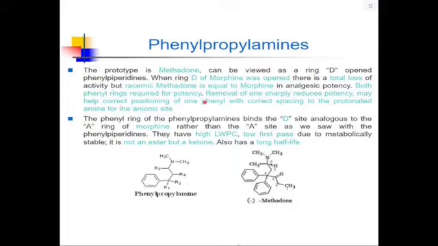And you can see it has equal activity as morphine in analgesic potency. But phenyl rings are required for potency. Removal of one sharply reduces potency and may affect correct positioning of one phenyl ring, correct spacing. All we are saying is that, for maximum analgesic activity, you do require the two phenyl rings.